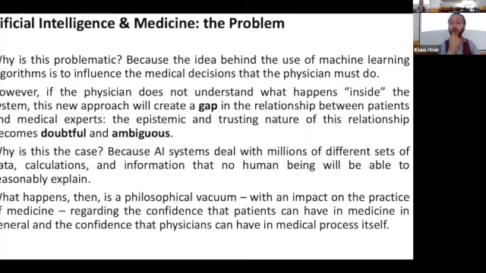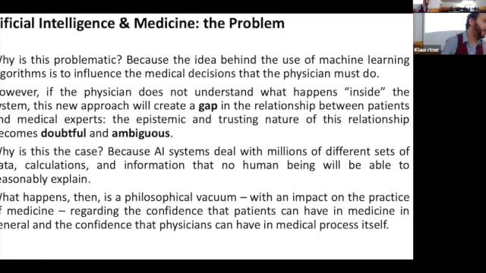And why is this problematic? Well, because there is an assumption in medicine that the doctor is in full control of the medical practice. But what happens here, and what I call a philosophical vacuum with an impact on the practice of medicine, is that doctors lose part or total control of the medical practice.